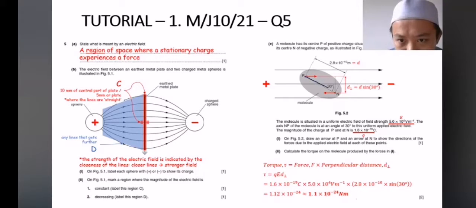So here, this angle, let's say we take the pivot at P, it could be P or N, because these are parallel, this is 30 degrees theta, so here would also be 30 degrees. So we are given this distance, 2.8.